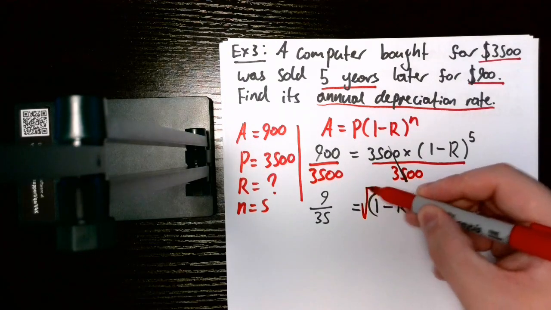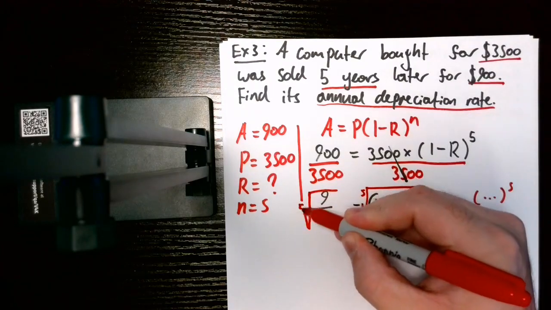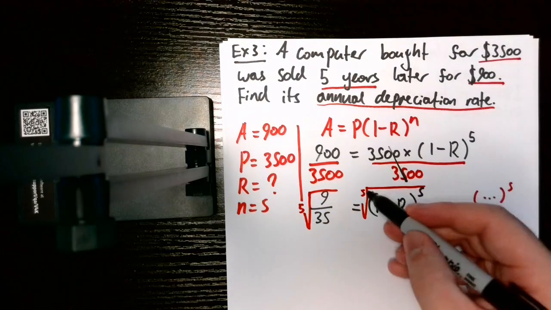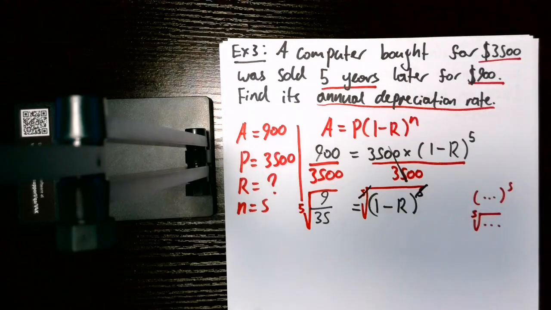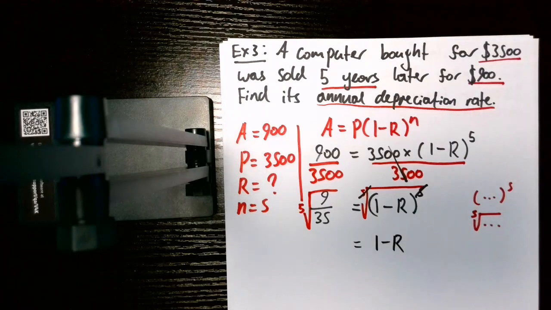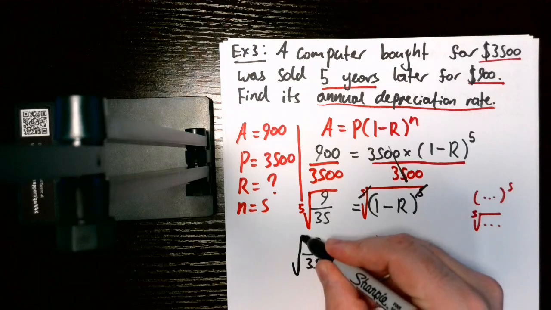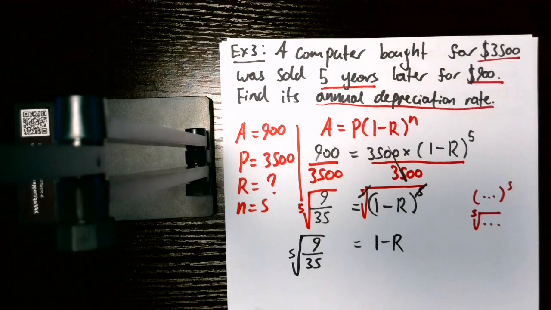So I'm going to take the fifth root of both sides. What that will do is cancel out, leaving me with just 1 minus R on the right-hand side, and the fifth root of 9 over 35 on the left-hand side.